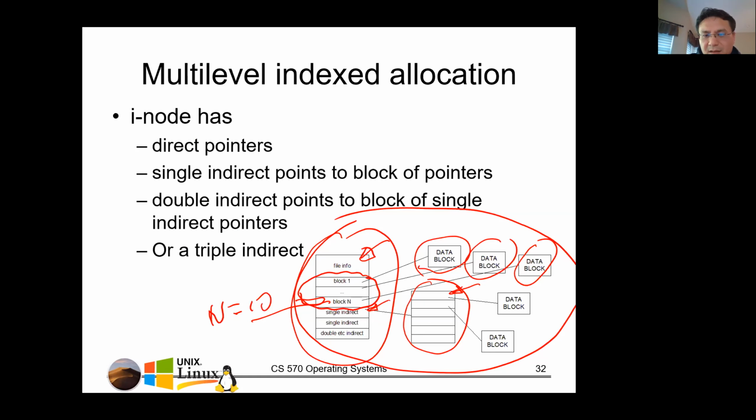That's single indirect. A double indirect pointer points to another table, with each entry of that table actually being a single indirect.